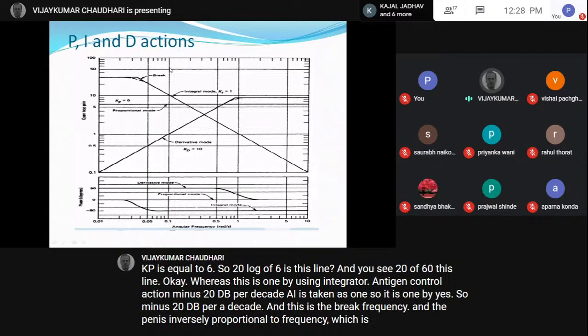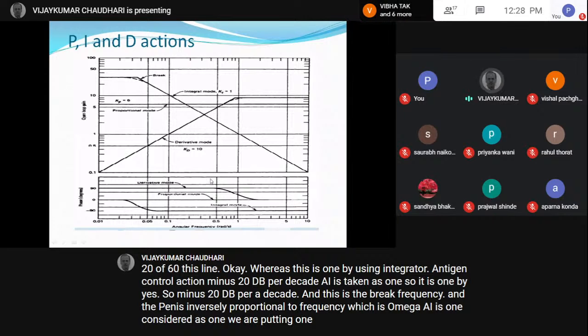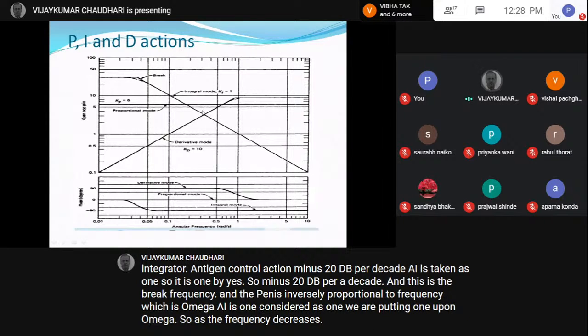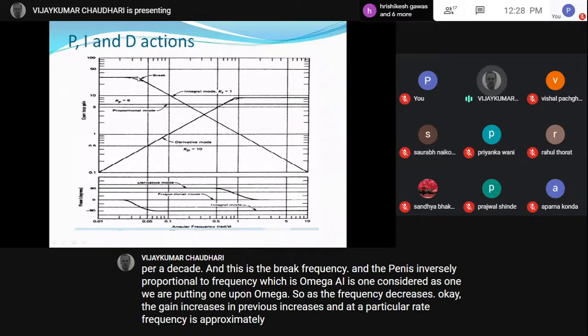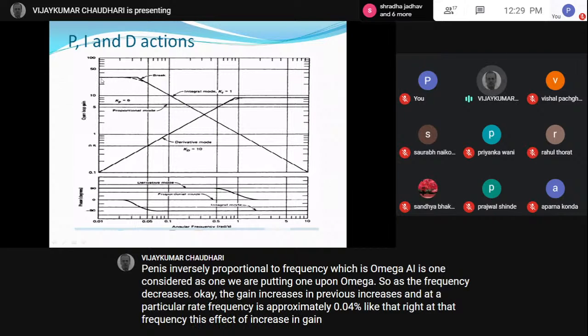Ki is considered as 1, therefore it is 1 upon omega. So as the frequency decreases, the gain increases, and at a particular break frequency, approximately 0.04 or something like that, at that frequency this effect of increase in gain stops, and the curve becomes flat.